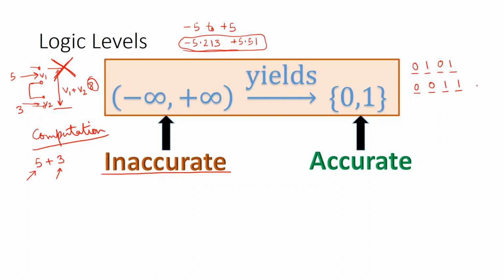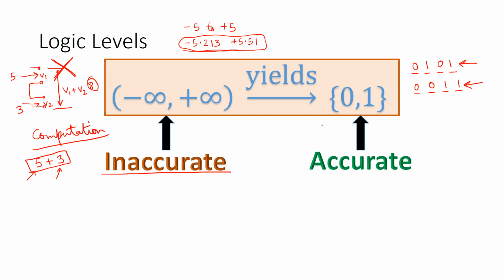Let's just bother about obtaining the quantities which we want to compute with each other. That obtaining of these quantities is the first step we should be bothered about. That happens only when we are able to do an operation like this, which transfers the entire analog range to only 0 and 1.